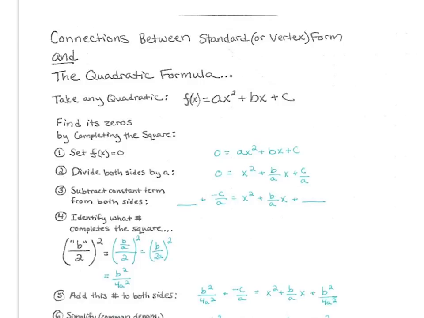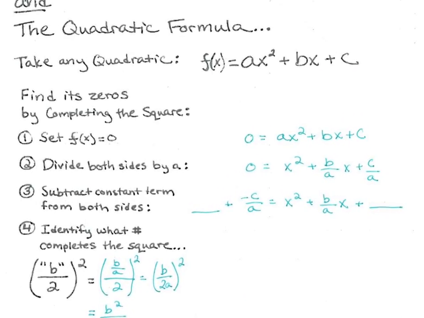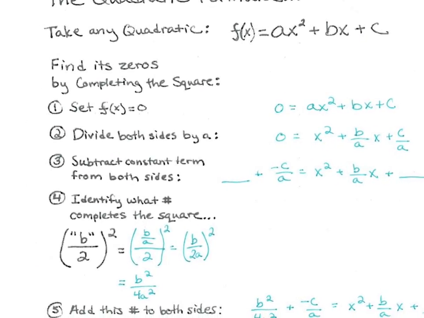Okay, so for step 1 here, let me zoom in a little bit. If we are finding the zeros of this function, the first step is of course to set f of x equal to 0. So that's what you see me doing here. Then step 2, once I have it set equal to 0, remember, we would very much like the coefficient on our x squared term to be 1.